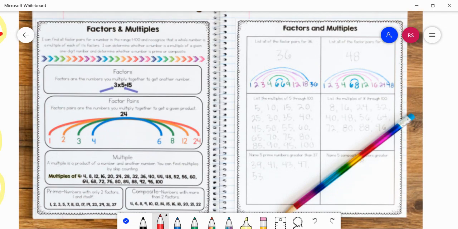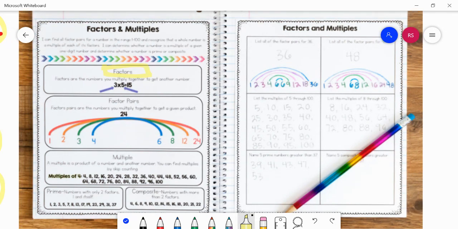I'm going to highlight this. So factors are the numbers you multiply together to get another number. So 3 times 5 equals 15. 3 and 5 are factors of 15, right?